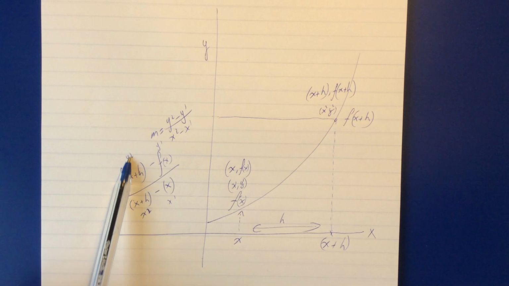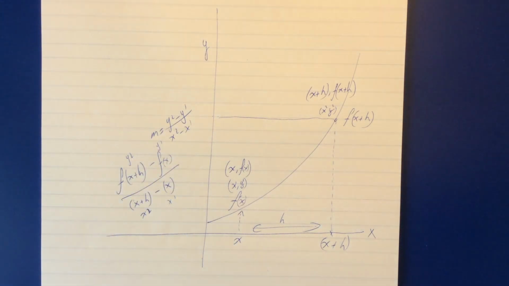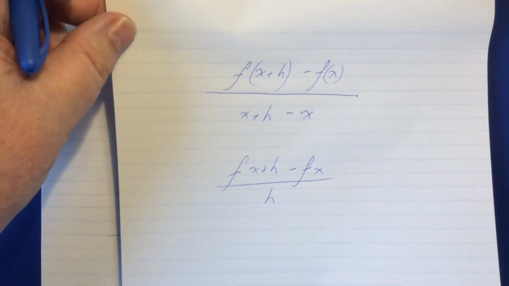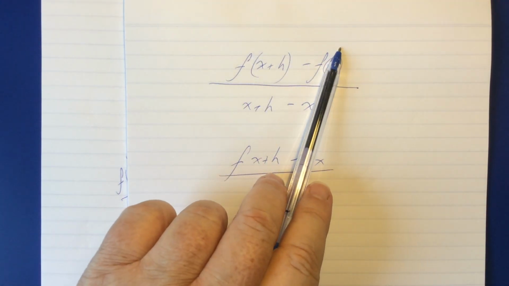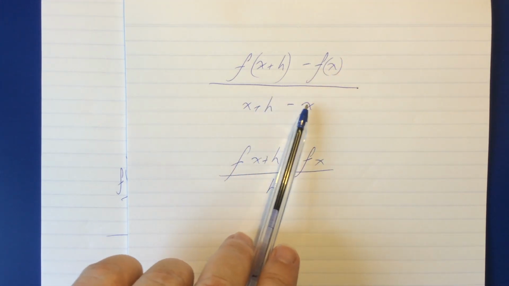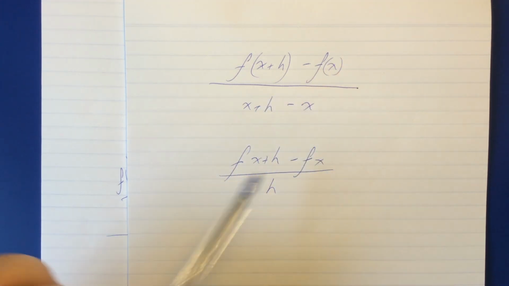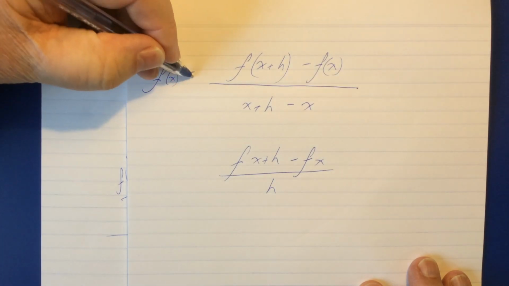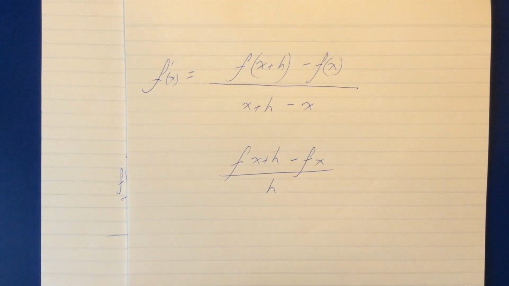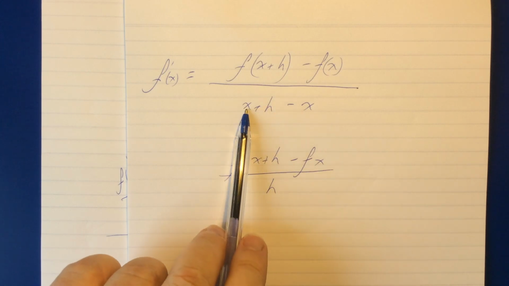Okay, so far we've got this, which I have written out more neatly here. y2 minus y1 over x2 minus x1. And this is our gradient function with a tiny bit of work.